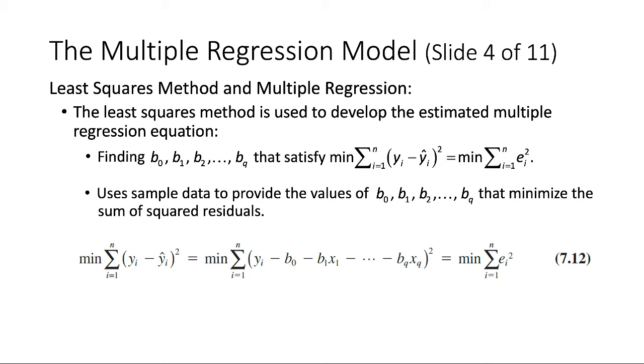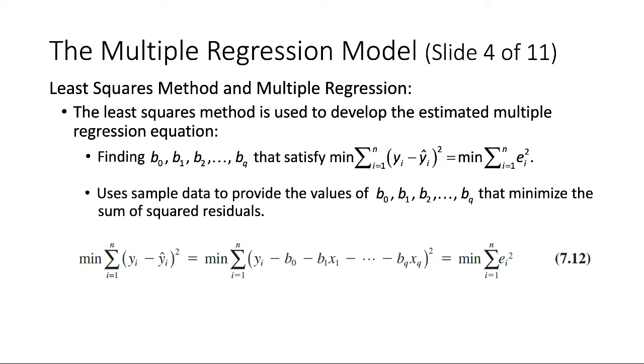As with simple linear regression, in multiple regression, we want to find a model that results in small errors over the sample data. We continue to use the least squares method, if you recall, from the simple linear regression model to develop the estimated multiple regression equation.